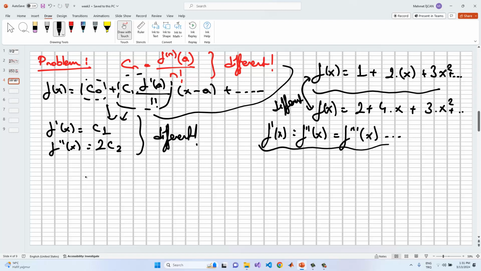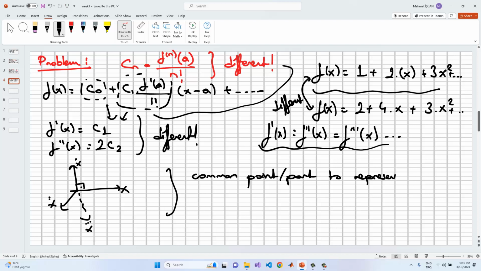And so if we take derivatives, we create x and x dot and x double dot, or we can see this line x triple dot. But what if we take the derivative but always get the same number? And so we can create the common point or part to represent the dynamic, right?